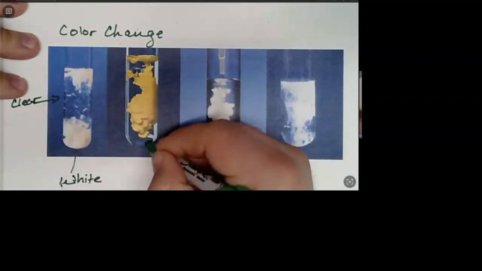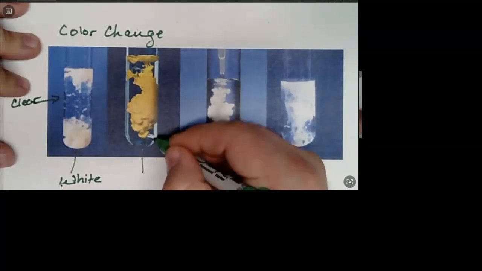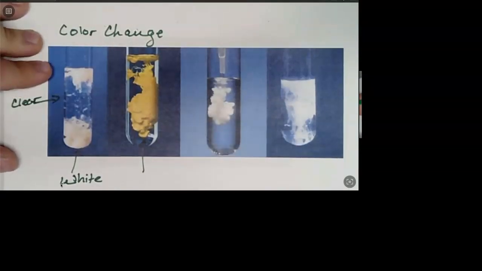This one's my personal favorite, and if we were in class, I would do this for you. Actually, I don't think I can because I don't think I have everything I need. But this one goes from two clear liquids to a yellow solid.